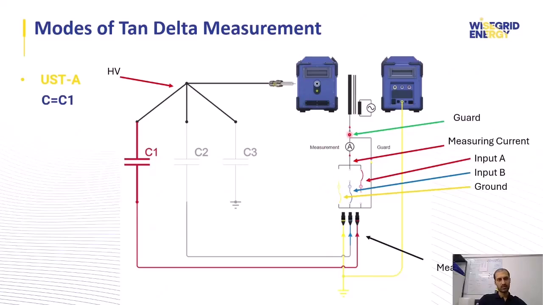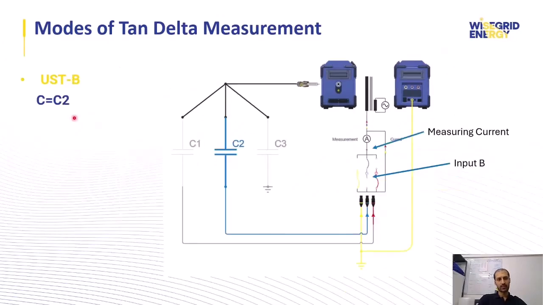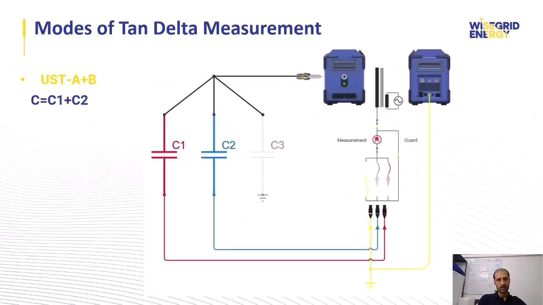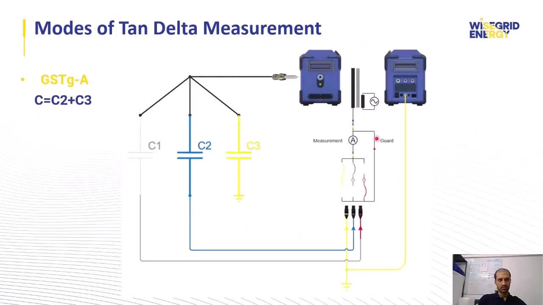In this case, when we select UST-A mode, current passing through C1 is measured, but current of C2 and C3 are guarded, so we will measure just C1 at UST-A mode. In UST-B mode, just C2 is measured because current passing through C2 is connected to the ammeter, but C1 and C3 currents are bypassed and guarded. For UST-A plus B, we can measure C1 plus C2.